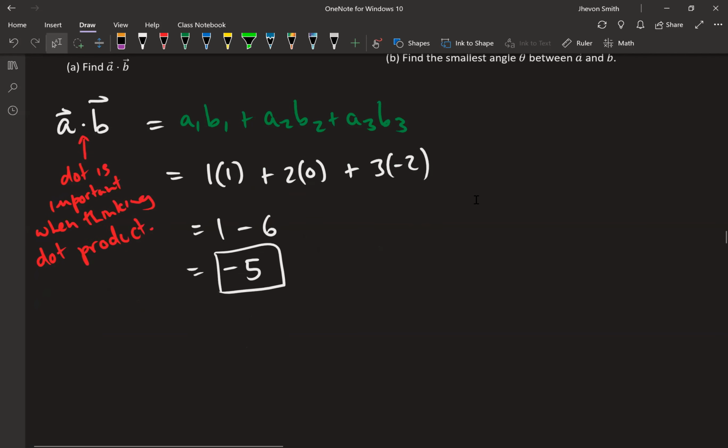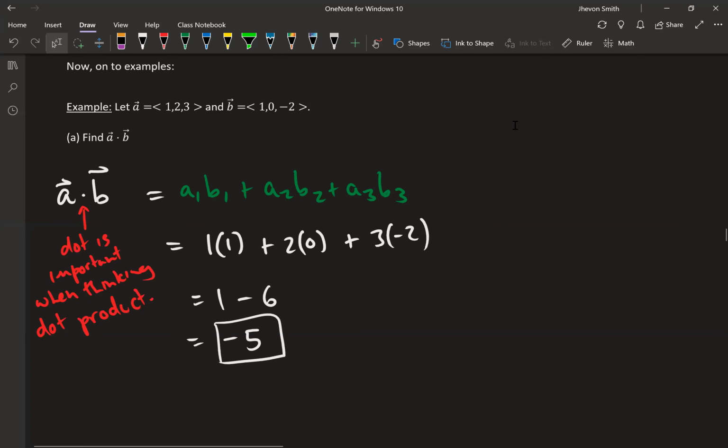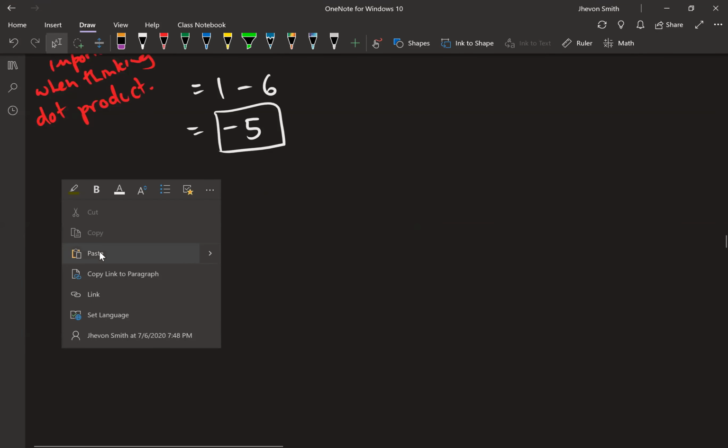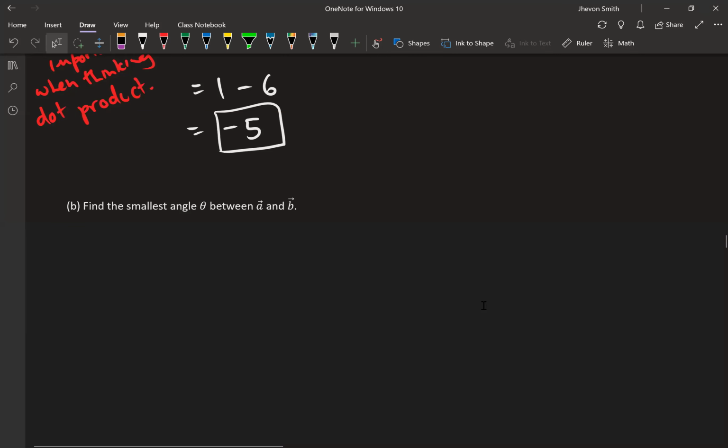Now, if someone were to ask you, what is the smallest angle between A and B? Well, we would use the fact that A dot B is equal to the magnitude of A, magnitude of B, cosine theta.